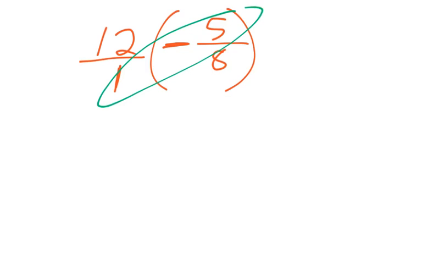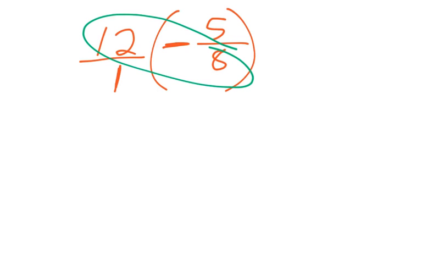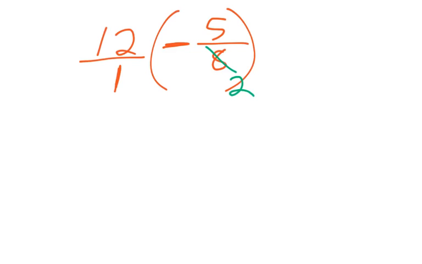Well, 5 and 1 we can't simplify, right? But 12 and 8, 4 can go into both of those. Now, if you didn't see that, you could do 2 and then reduce it again because they're both even. But 8 divided by 4 is 2. 12 divided by 4 is 3. Right? Your answers next to the old numbers.